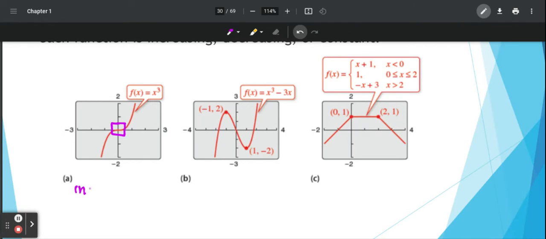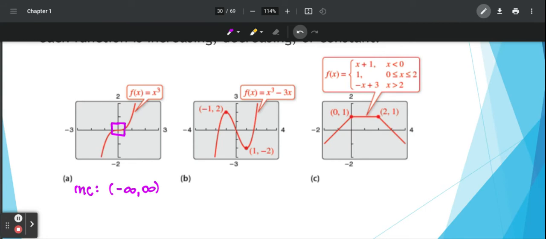So for this graph, we would just say it's increasing from negative infinity to infinity. Even at that little teeny tiny flat part, there's not really a starting and an ending point where it starts to be constant and then it stays constant.